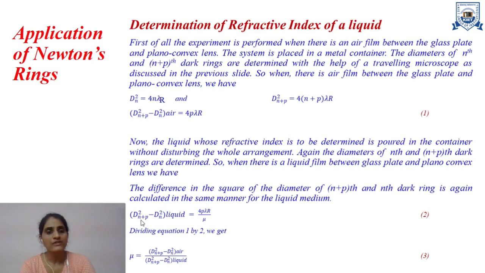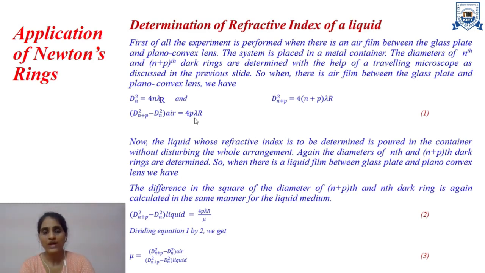So Dn+p squared minus Dn squared, instead of air as in equation 1, I will now write as liquid, and I will get the equation 4p lambda R upon mu.